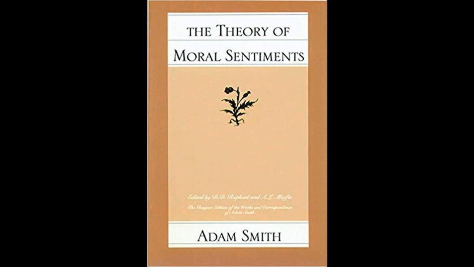So he basically says that we look to sympathize with each other. We look for others to sympathize with us. At the same time, he very quickly points out that we shouldn't expect people to enter too deeply into our sentiments or our situation if we're the person principally affected.